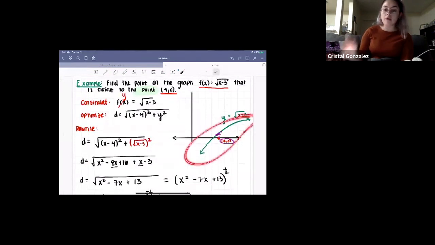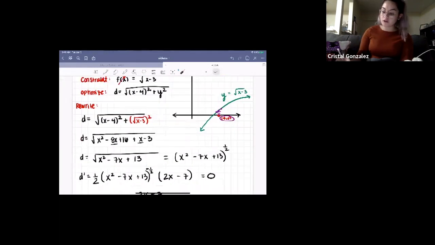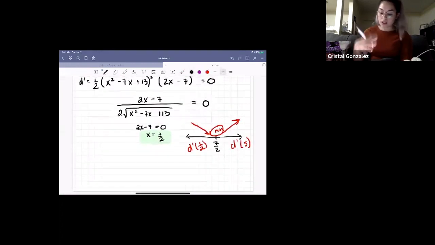I only have the x value, but that's okay, because I know that this value is on my function. And so now I just have to report that y value, so I can report that ordered pair. All I have to do is plug that into my function.